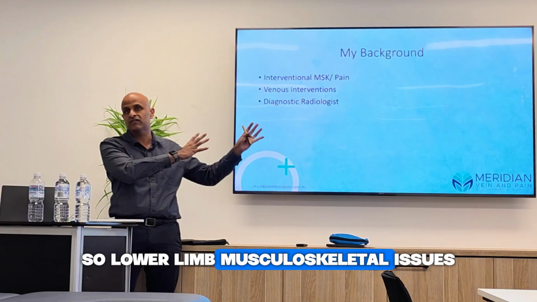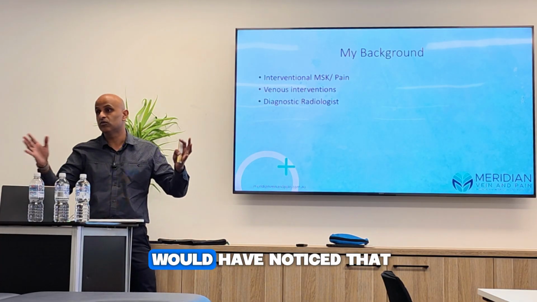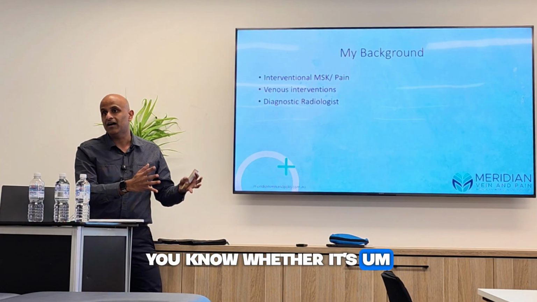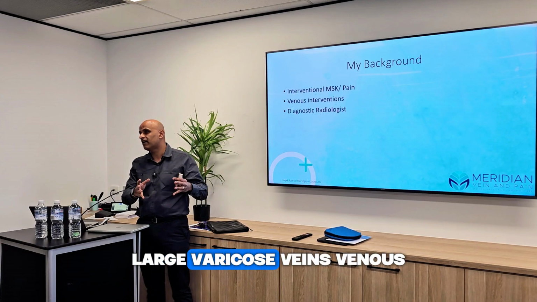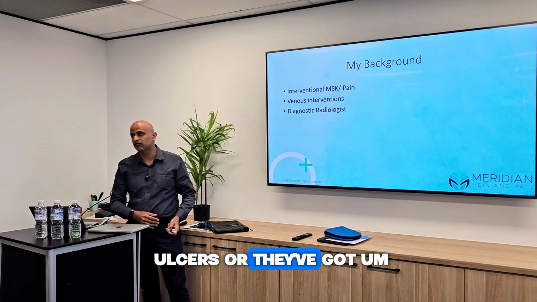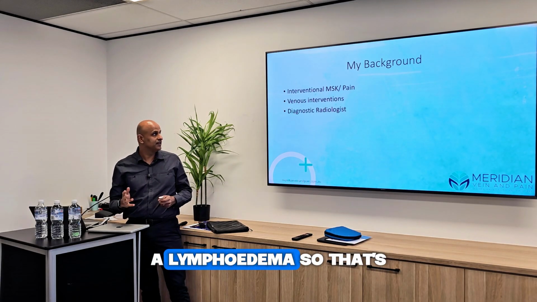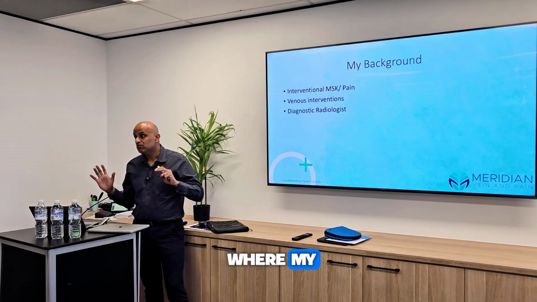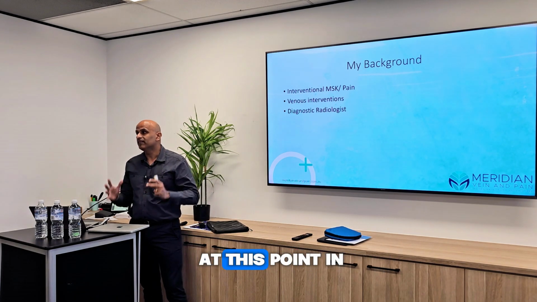With lower limb musculoskeletal issues, a lot of you would have noticed that they've all got venous issues too, whether it's spider veins, large varicose veins, venous ulcers, or lymphedema. That's where most of my work at this point in time is.